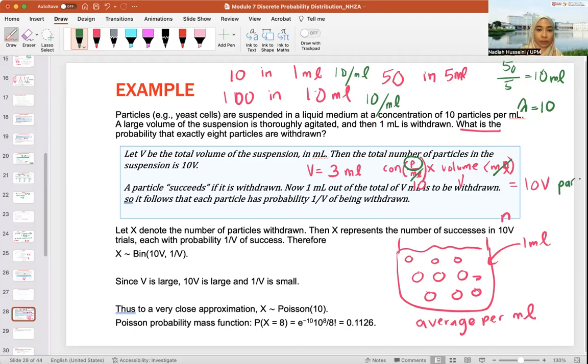Okay, so this is the number of particles. Now, I want to know what is the probability of choosing just 8 from the 1 mil that I withdraw. So if this is our N, because this is the total number of trials, the probability of selecting a particle is 1 over V.